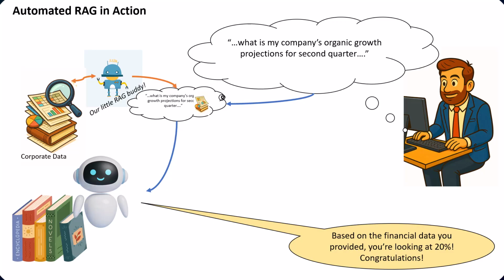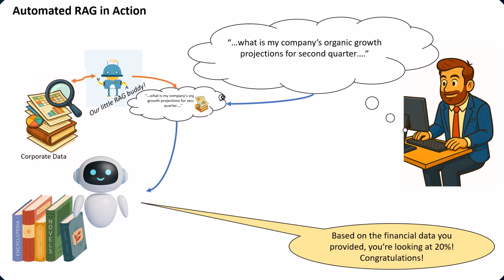You'll notice on the left we have our little RAG buddy there, a little robot representing some code. So the initial prompt is generated by the individual. It is given to the RAG buddy, who's going to search the company's financial data to find any relevant information as it pertains to the specific question being asked.